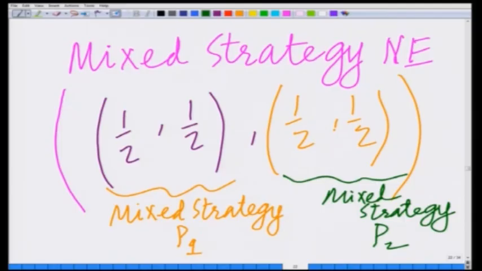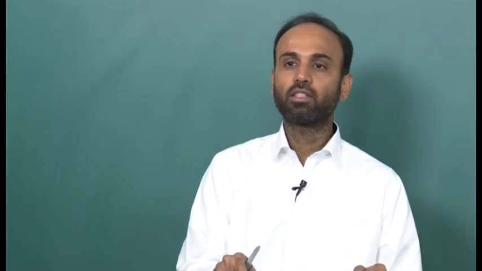A mixed strategy basically denotes the probabilities with which each player is mixing the various actions. So, half comma half says that player 1 is randomly choosing between heads and tails with probability half each, and half comma half for player 2 says that player 2 is also randomly choosing between heads and tails with probability half each, and these two mixed strategies are part of this mixed strategy Nash equilibrium.